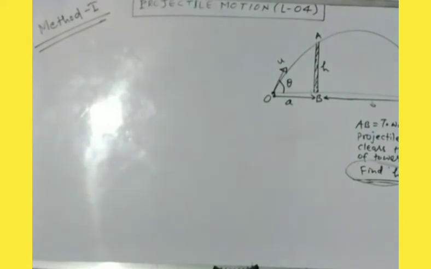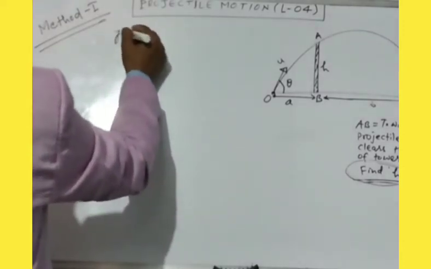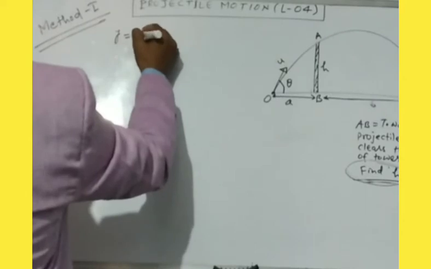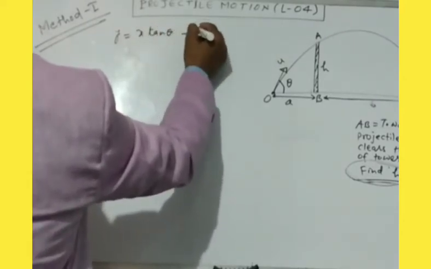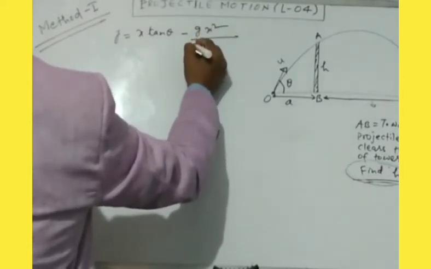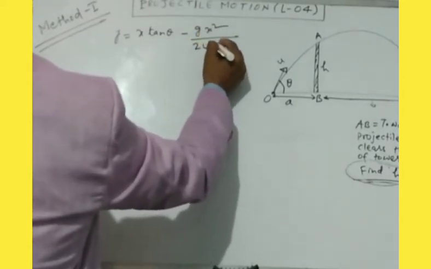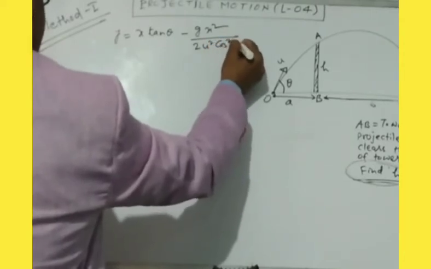So what to do? We know the equation of projectile is y equals x tan theta minus g x square upon 2u square cos square theta.